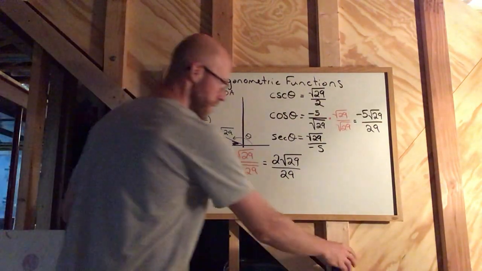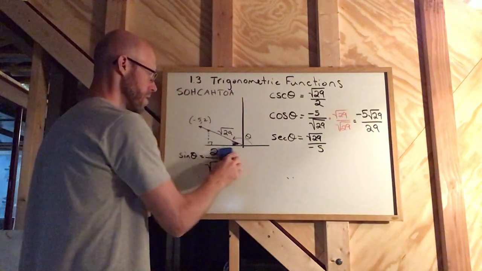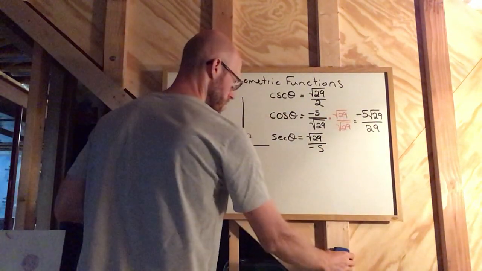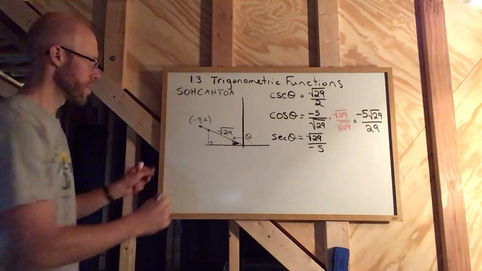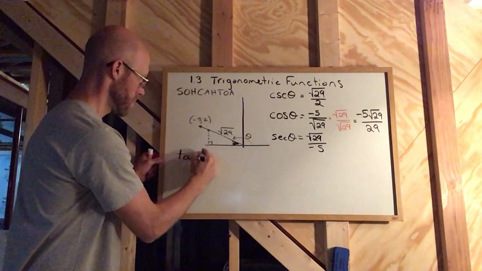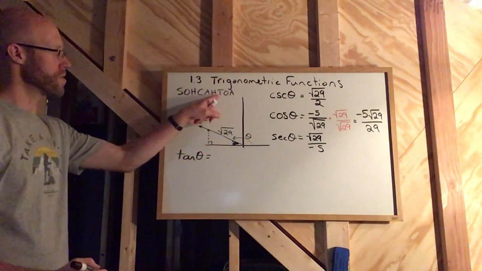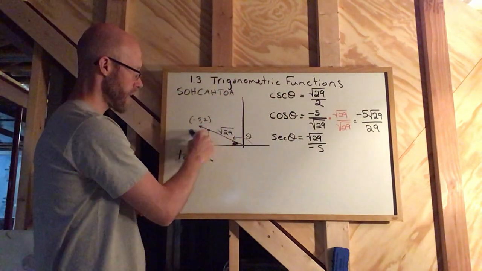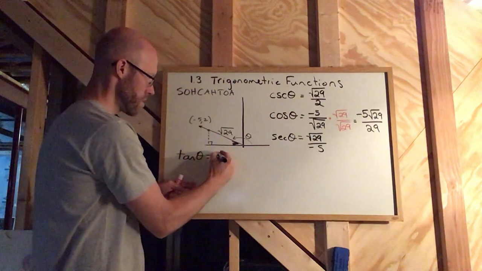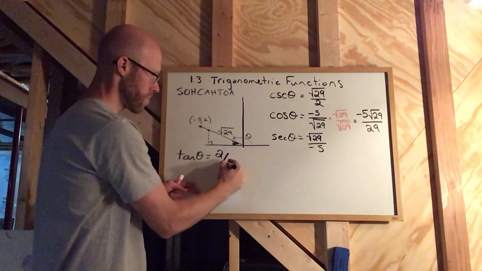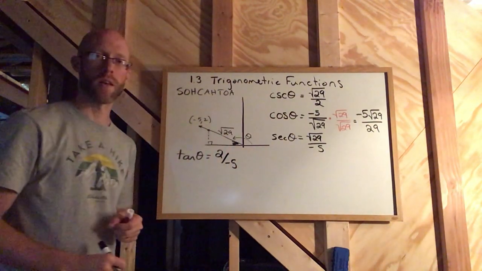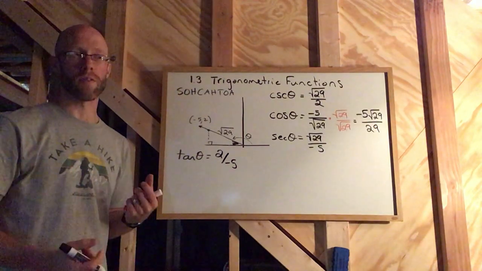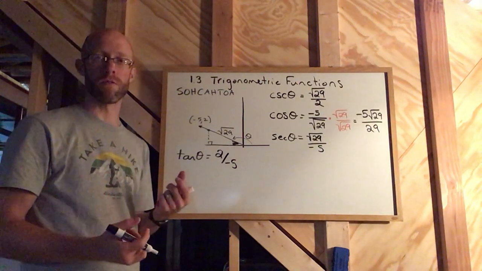And then of course you still have the tangent and the cotangent to deal with. The tangent of theta is the opposite over the adjacent. So we go tangent is opposite, which is 2, over the adjacent, which is -5. Okay. And of course 2 over -5 is what, -0.4?